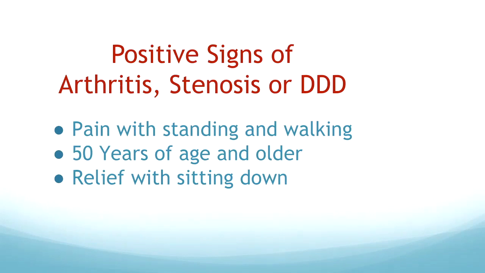I often see people in the grocery store using a cart, and they're leaning forward on the cart. And that's actually, when they're leaning forward, they're trying to make more room for that disc and for that nerve. So that actually is a sign of some stenosis or that degenerative disc disease. Those people can be helped as well.